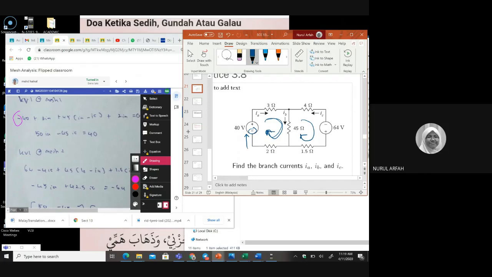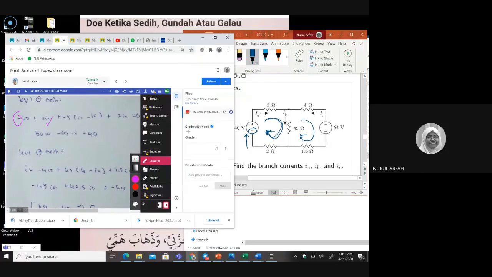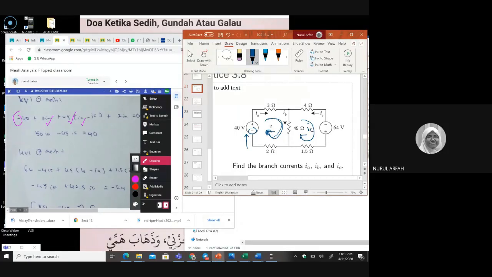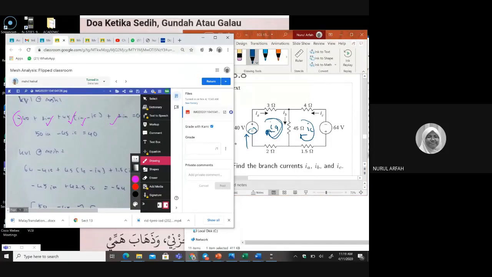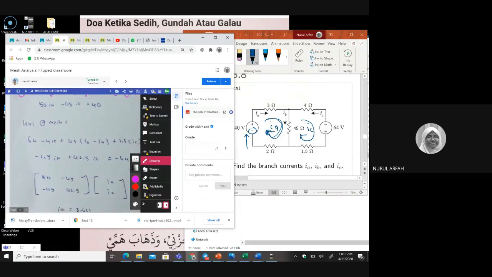And then is that your current direction, Haikal? This one, yes, Haikal? Yes, yes, okay. IA minus IC. Maybe I can put IC here and IE here. No problem. And then plus 2. This is correct. 2 IA, yes. So this one first, yes, correct.